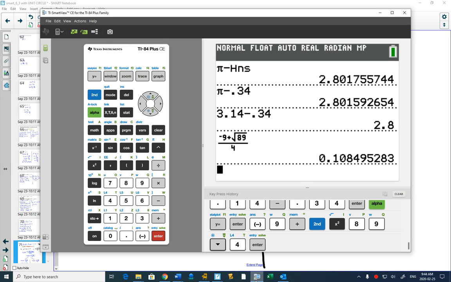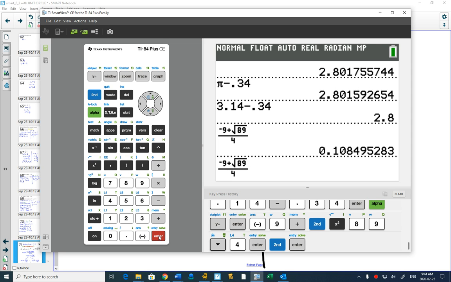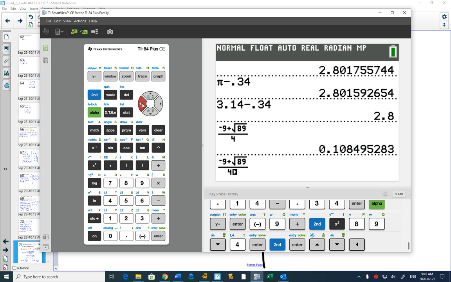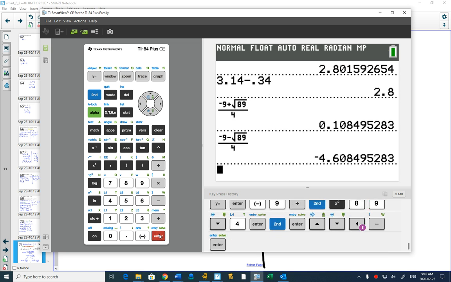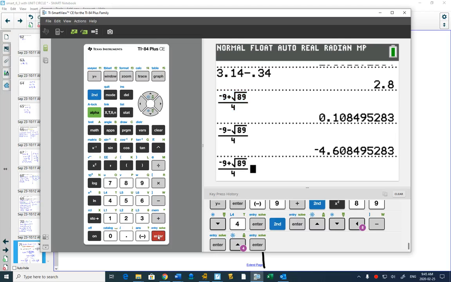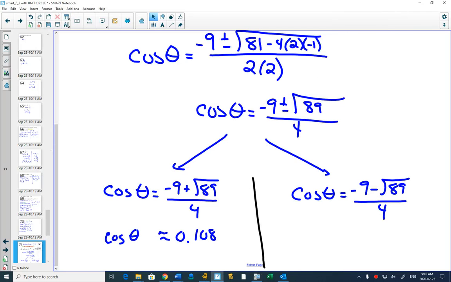There's two ways of doing it. One, you can go second enter, and it just pulls up what you typed before, which is really handy in this case because all I wanted to do was change that plus sign to a subtract sign. Or you can use, depending on your operating system, some of them you can just highlight by going up and clicking on them, like that. So I get negative 4.608.